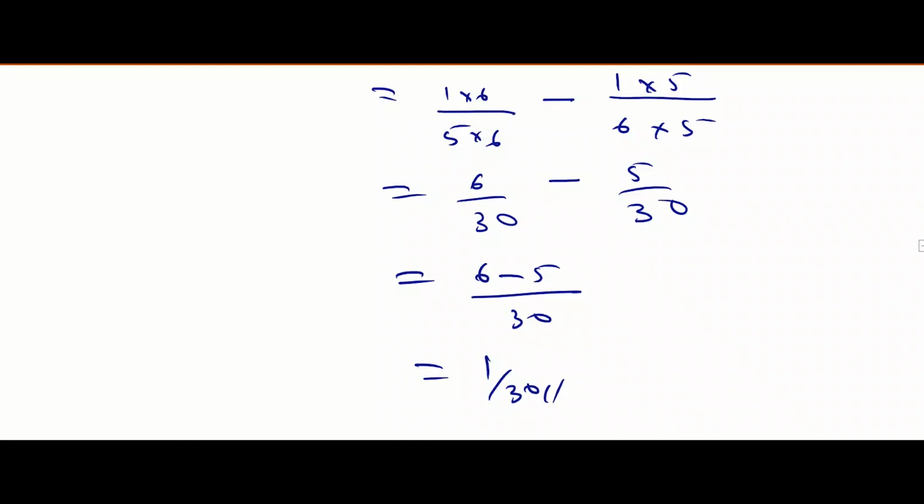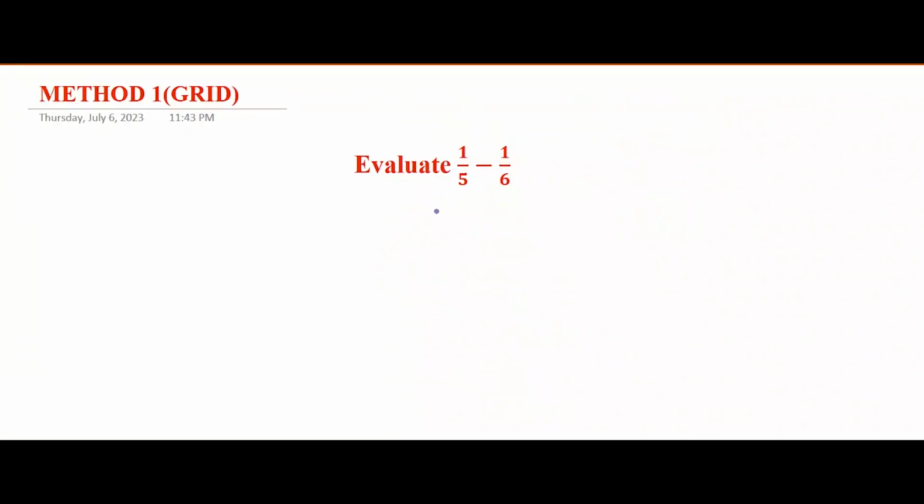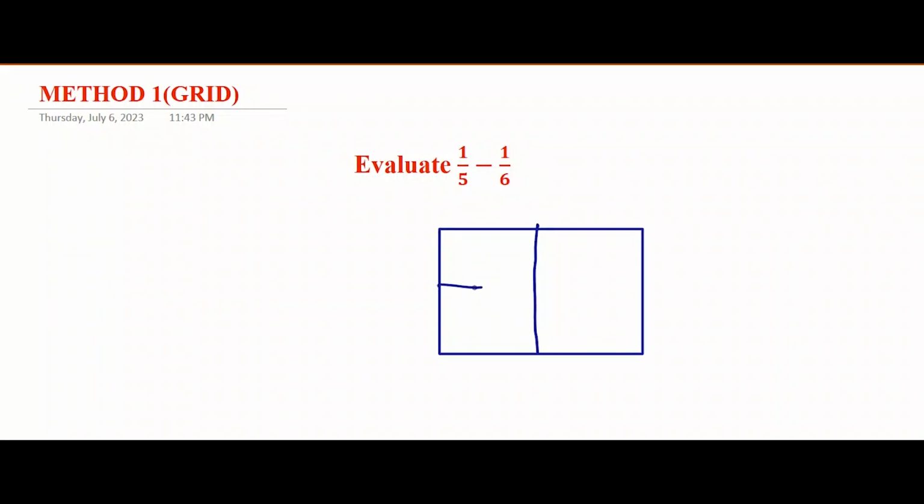So let's go to the fourth method. That will be the grid method. Okay, so you draw a rectangle like this. Then you divide it into 2 columns and 2 rows. Then we have 1 out of 5 here, and 1 out of 6 here. So we have 1 by 6, that will be 6.